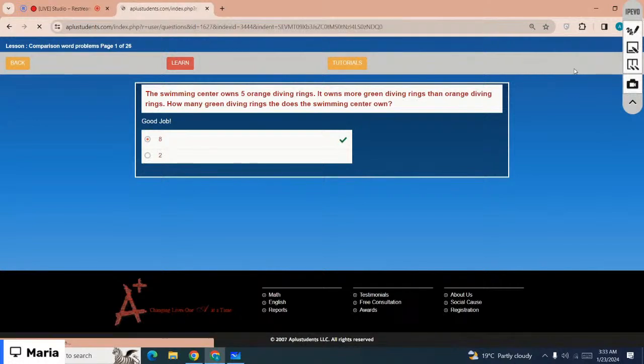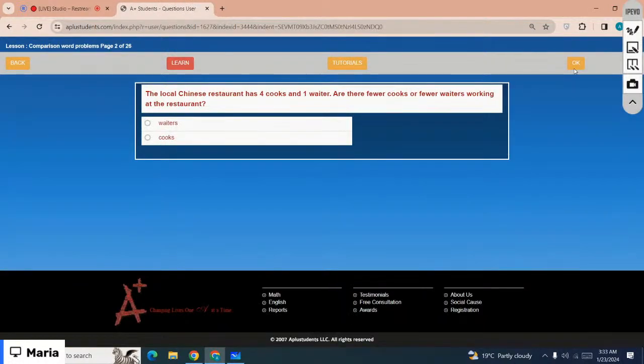The next one is: the local Chinese restaurant has 4 cooks and 1 waiter. Are there fewer cooks or fewer waiters working at the restaurant? So the restaurant has 4 cooks and 1 waiter. So which is less?